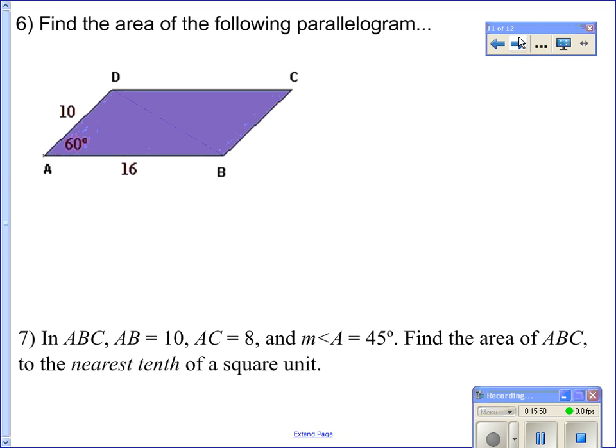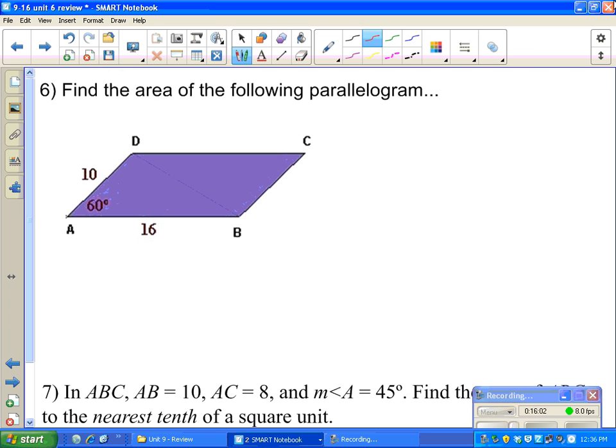All right, last thing. They want us to find the area of the parallelogram. Now, if you look at this parallelogram, I'm going to use the highlighter here for a second. This triangle makes up half of the parallelogram. And in a parallelogram, this triangle and this triangle are equivalent.